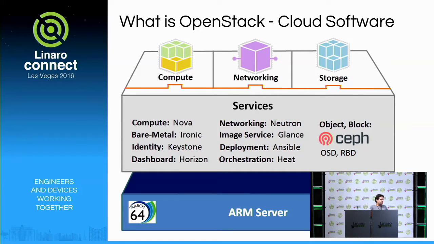We have Glance for images. And we also have a set of Ansible scripts that allow you to deploy the whole thing. There is Heat, which we haven't fully tested yet, but that will probably be ready in another 2 to 3 weeks. And then for the backend, for storage, we're using Ceph, which is also, I'm glad to report, fully working.